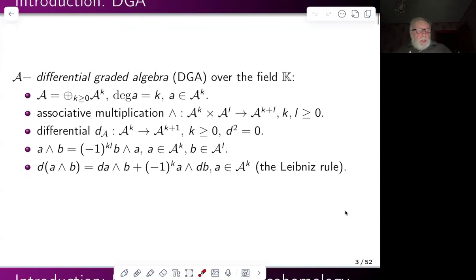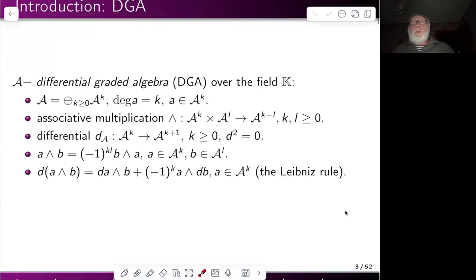So I will remind what are the main objects of algebraic structures which I want to use here. The main object is a differential graded algebra over some field. Let's suppose that in my talk mainly it will be real or complex numbers, and it means that this vector space is graded by a graded component decomposition.